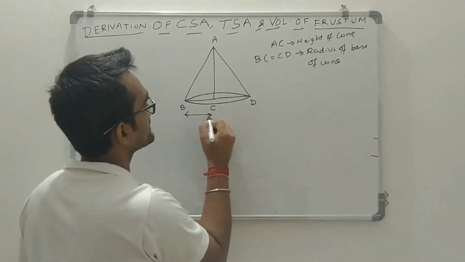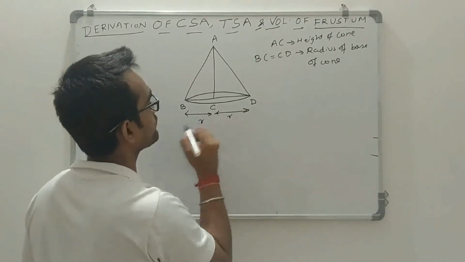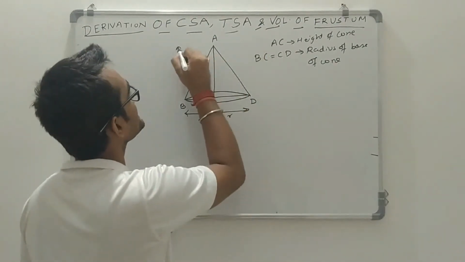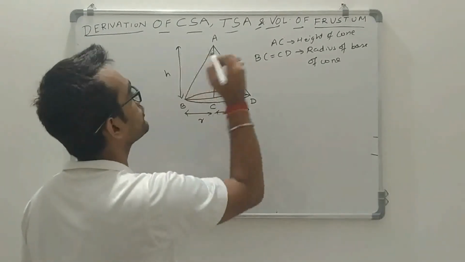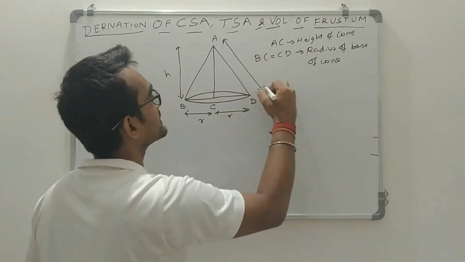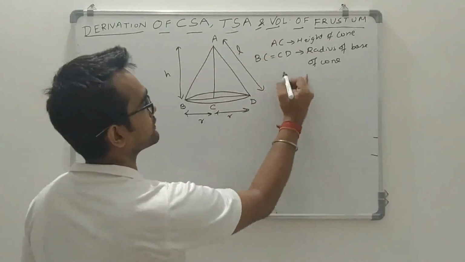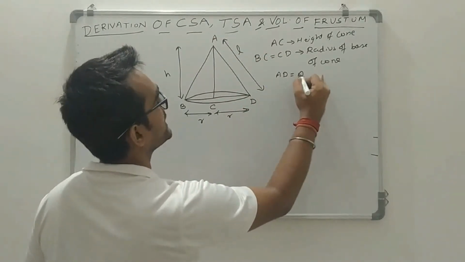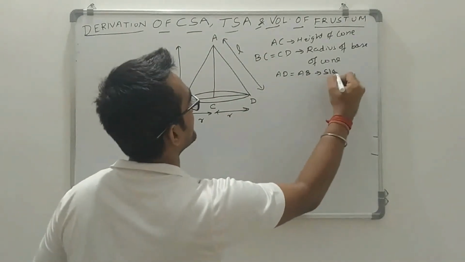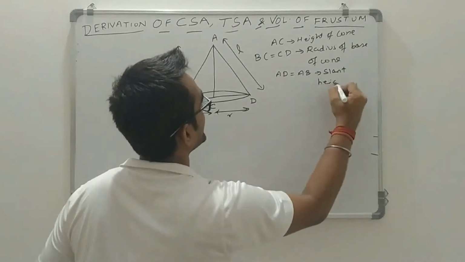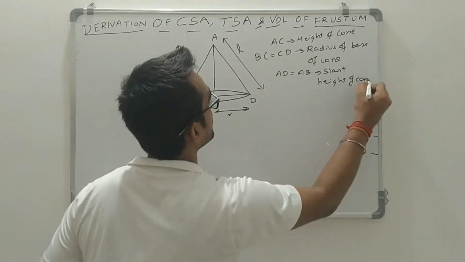So this is the radius of cone and this is the height of cone and this one is the slant height of cone. AD equal to AB, slant height of cone.